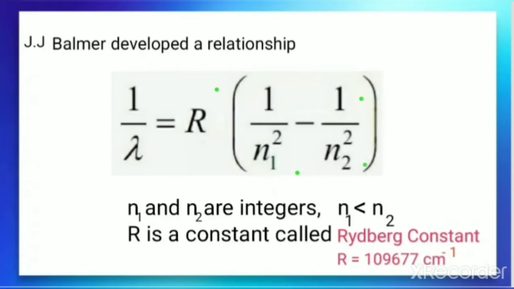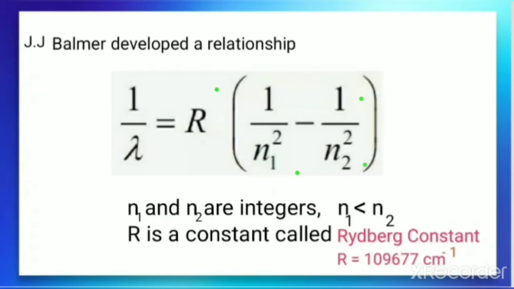Here lambda is the wavelength, and R is a constant called the Rydberg constant. Its value is 109,677 centimeter inverse. Here n1 and n2 are integers, such that n2 is greater than n1.